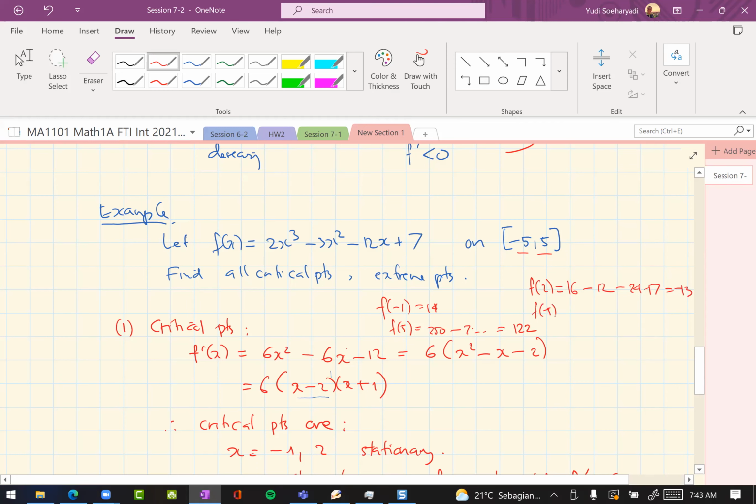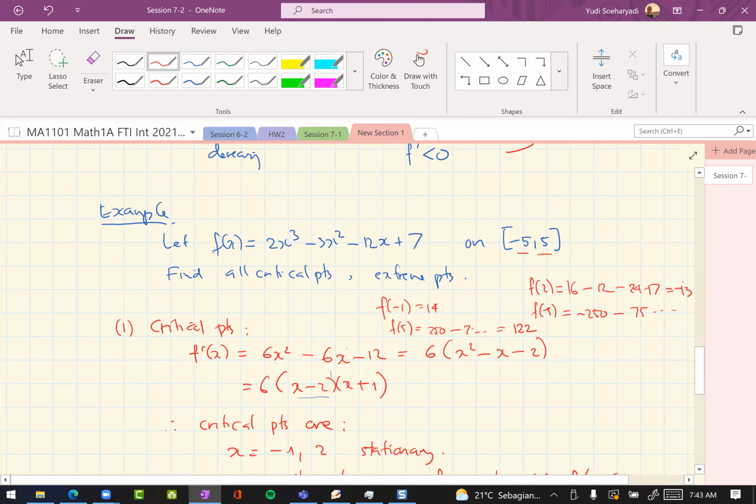And f of negative 5 is, I guess this is going to be even lower, because this is going to give you negative. Oh, sorry, yeah, this is negative, because negative 24, 70.